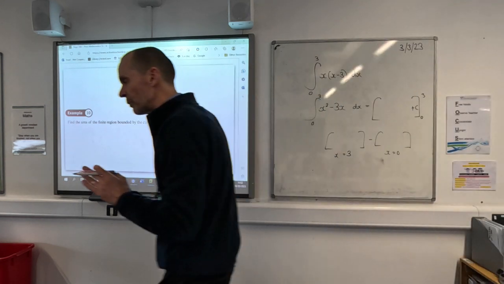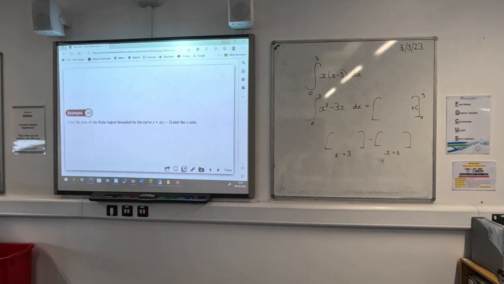So once you've integrated, substituting x is 3 gives you the area up to the 3 value. Substituting 0 in gives you the area up to 0. And so one take the other gives us the area that we are after.